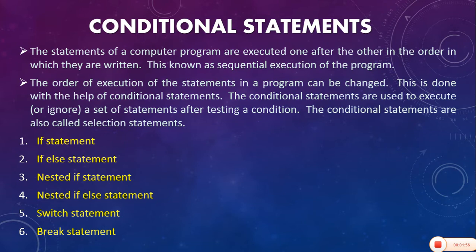There are 6 different types of control structures or conditional statements. First is the if statement, second if-else statement, third nested if statement, fourth nested if-else statement, fifth one is the switch statement, and the sixth one is break statement.